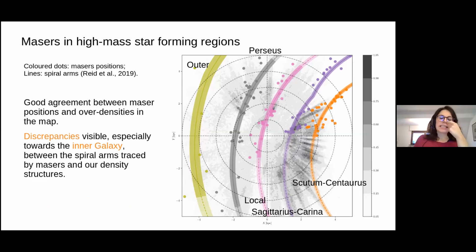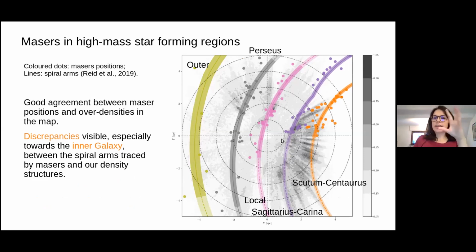It comes from Reid et al. 2019. I don't remember exactly why they decided to put a kink there, but I think it's because they want to fit both these positions and also these maser positions.